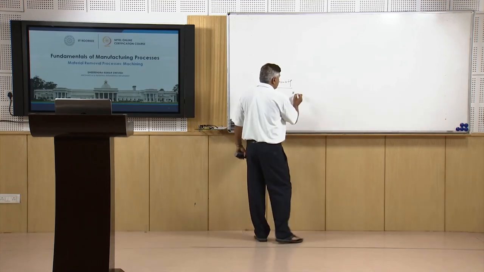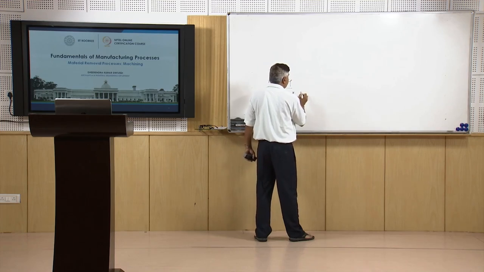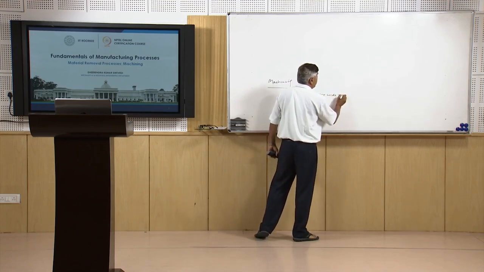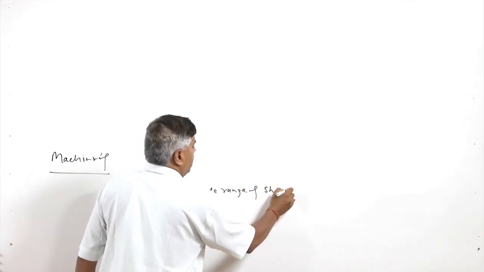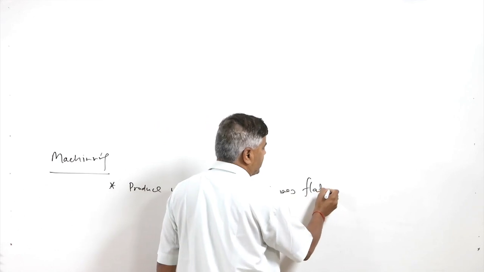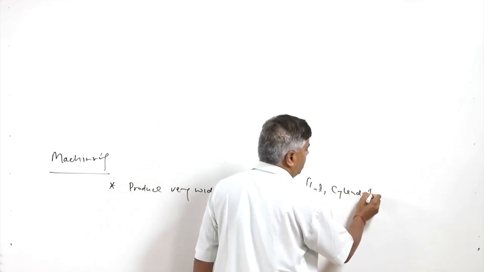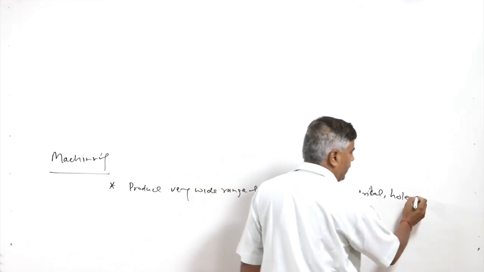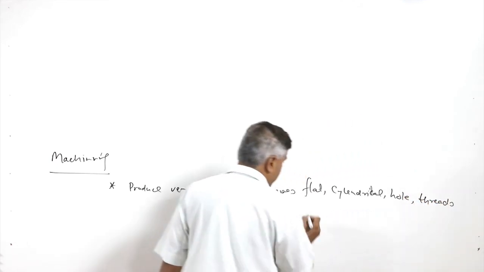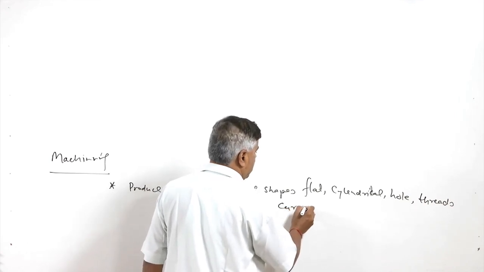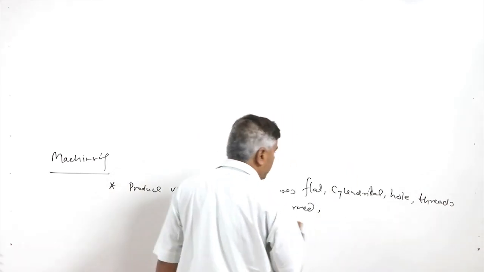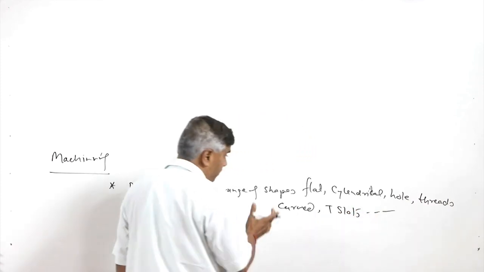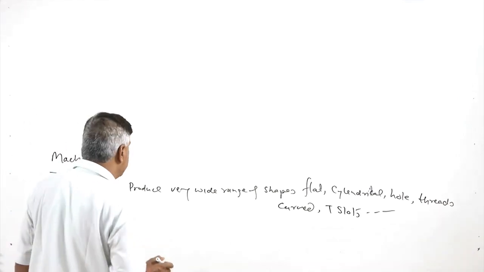Another good reason is the capability to produce a very wide range of shapes, which includes flat surfaces, cylindrical surfaces, cylindrical features like holes, threads, and curved or contour surfaces like convex or concave surfaces, then T slots, and many other complex shapes and geometries which are commonly used in engineering components.